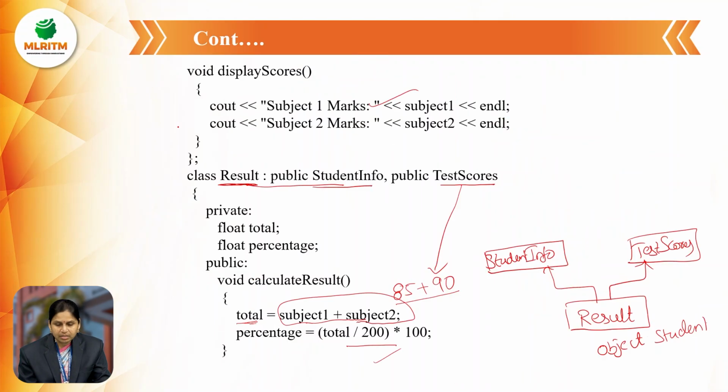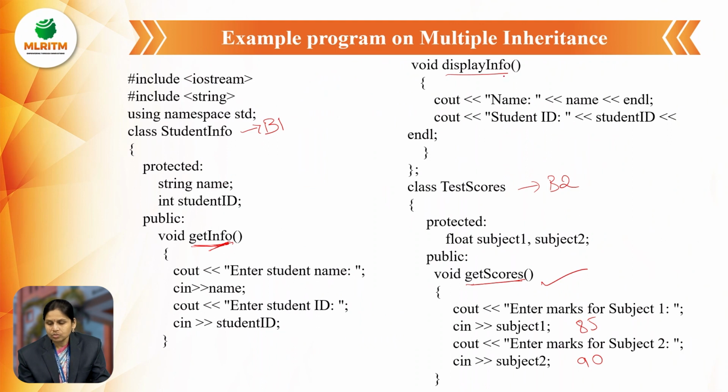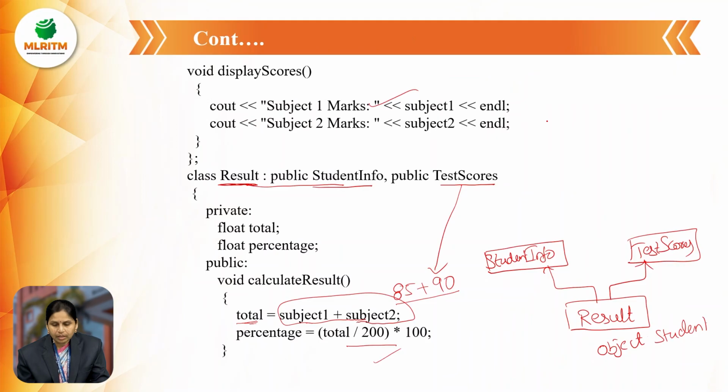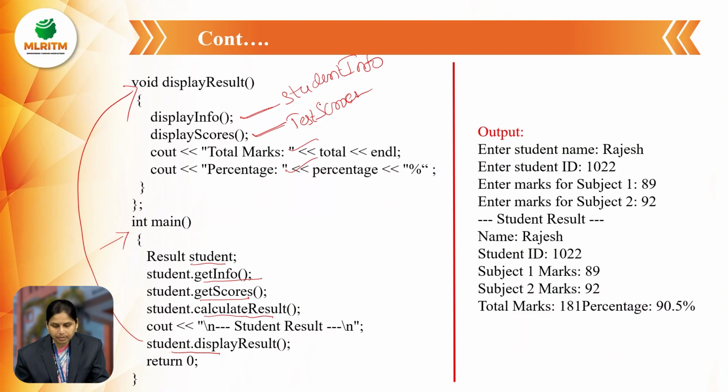Display information means it directly goes to this method and it prints the name and student ID. Next, it calls the display scores. It goes to the display scores method. It prints the subject 1 and subject 2 marks. Next, it prints the total and percentage. Now, this is the output. Finally, we will get this type of output.